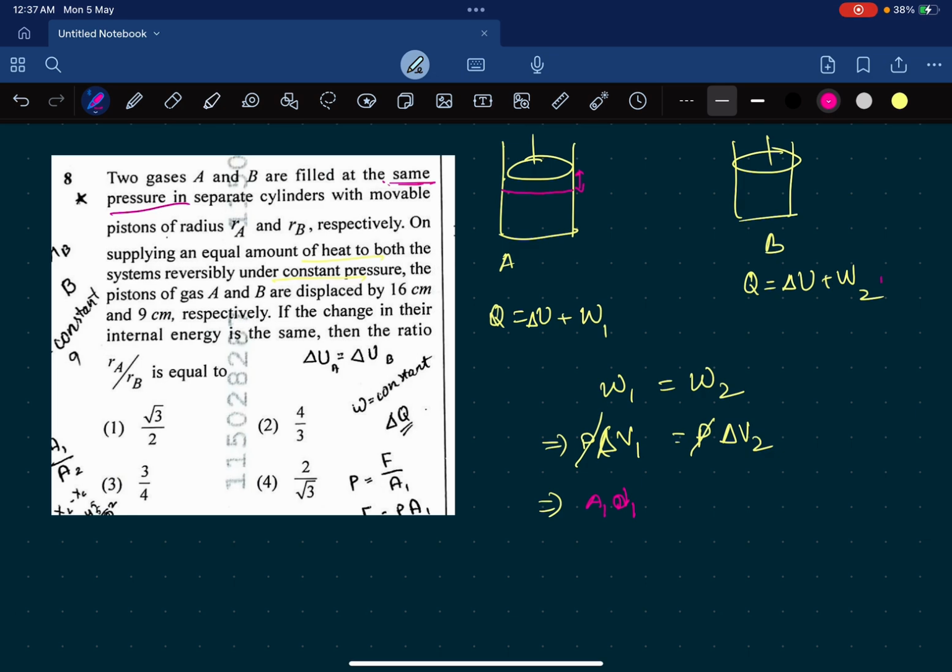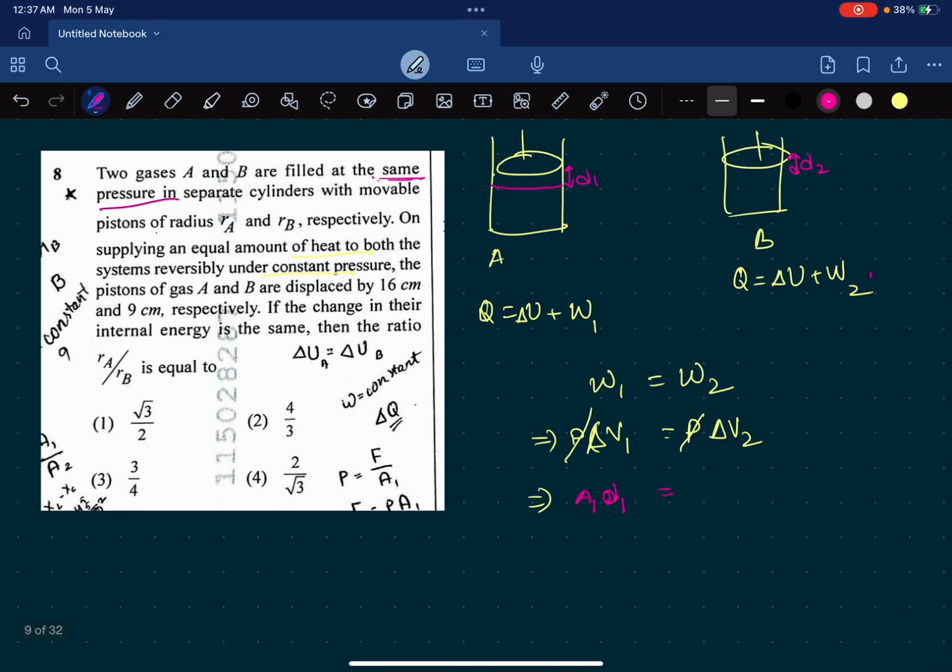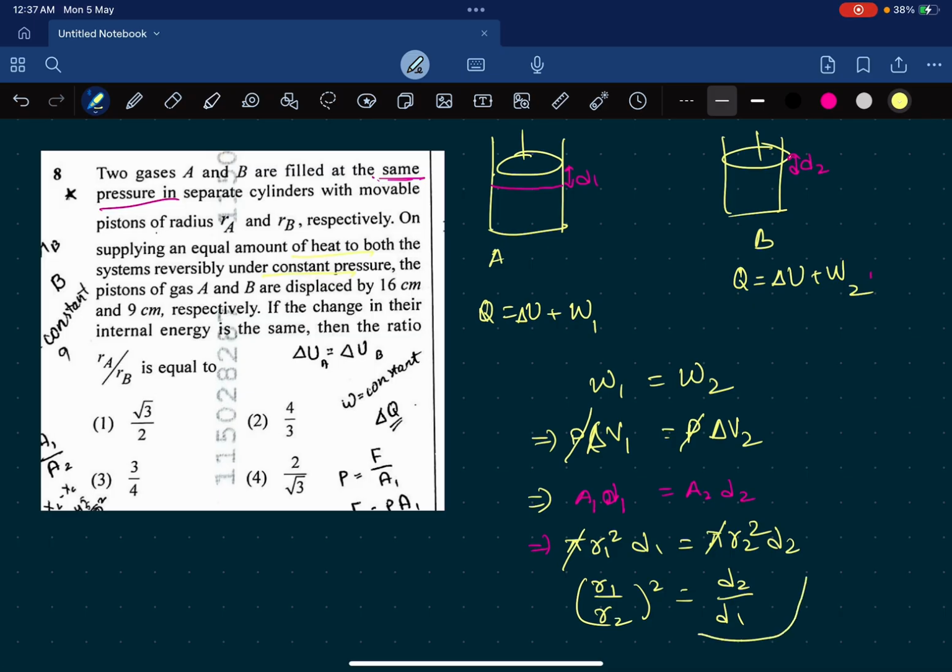Distance moved, let's say d1 for the first cylinder, and for the second cylinder, let's say d2 is the distance moved by the piston, right? Now if I write down the areas and cancel them, the ratio of the radii becomes equal to d2 divided by d1.